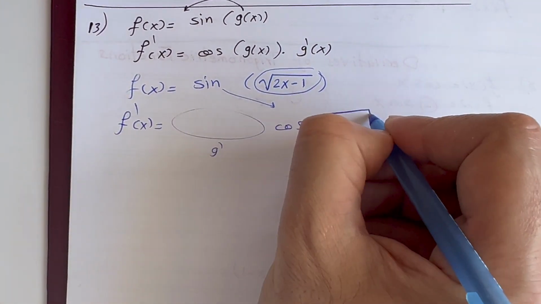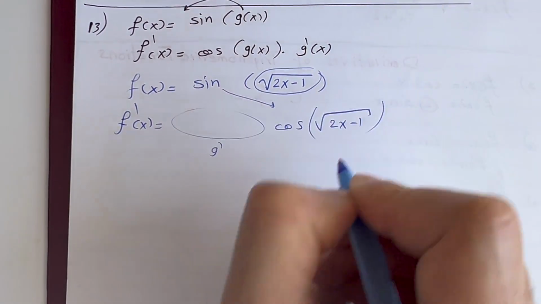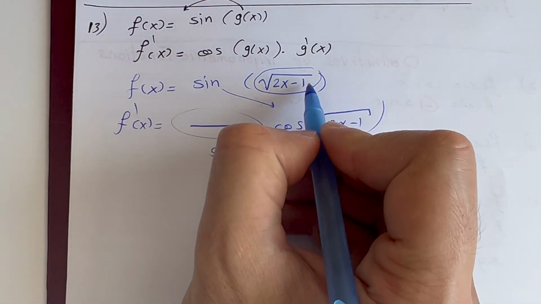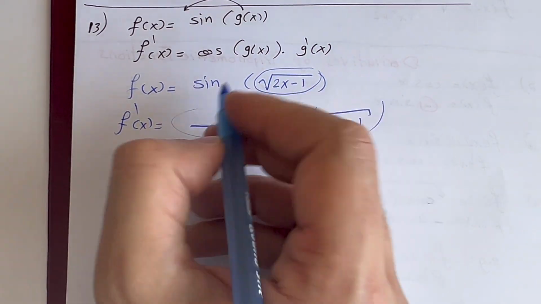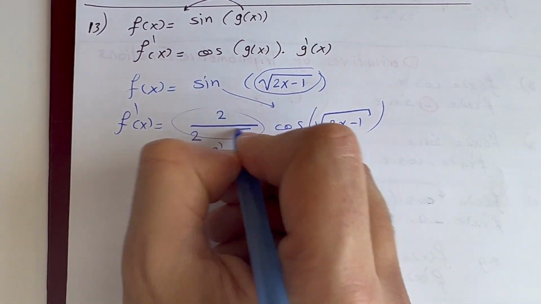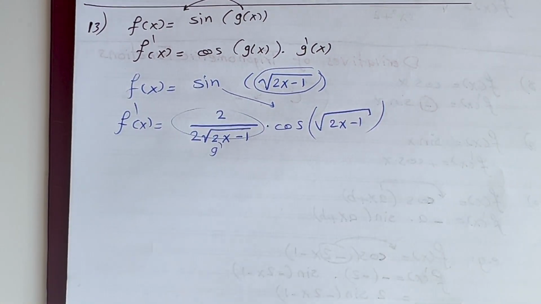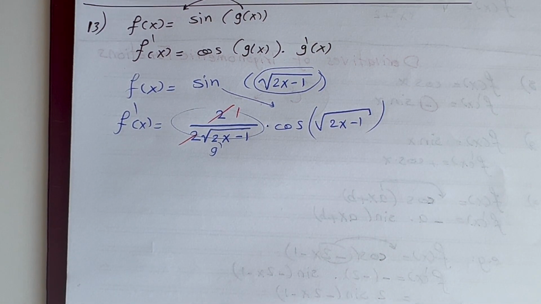Cosine the same angle, 2x minus 1. Now, what is the derivative of the square root? We do a fraction. The derivative of what's inside the root is 2, over 2 times the square root of 2x minus 1. So here I can delete 2 with 2, and the answer will be 1 over the square root.